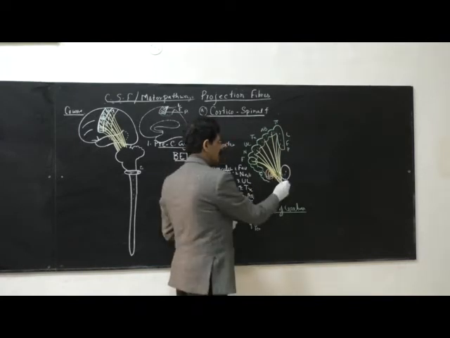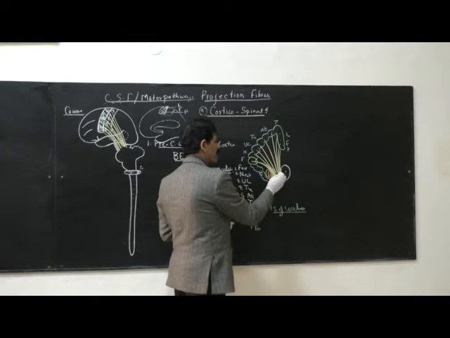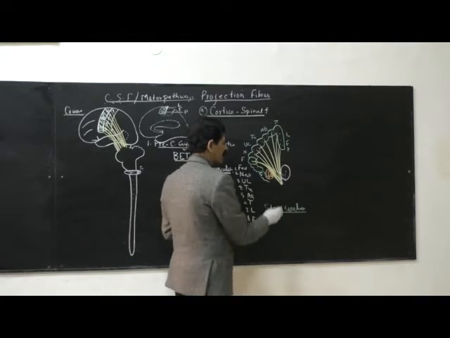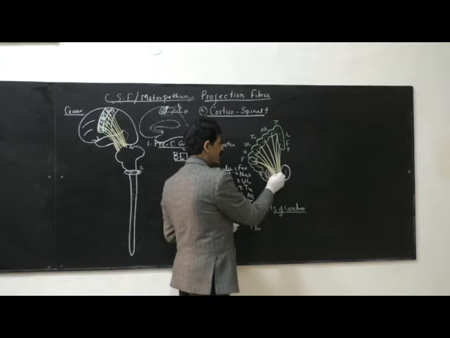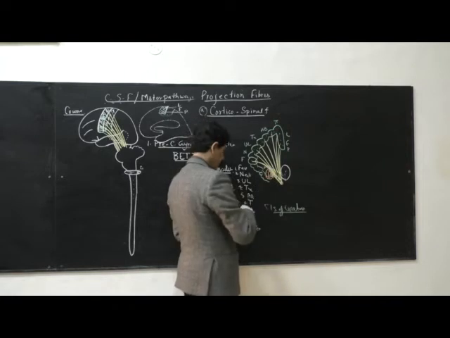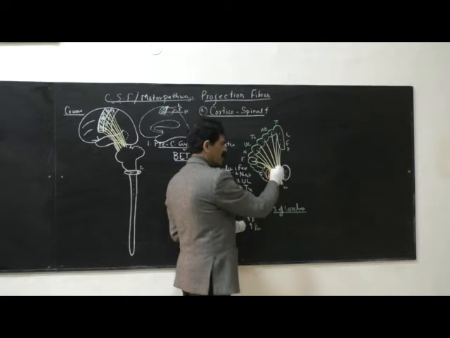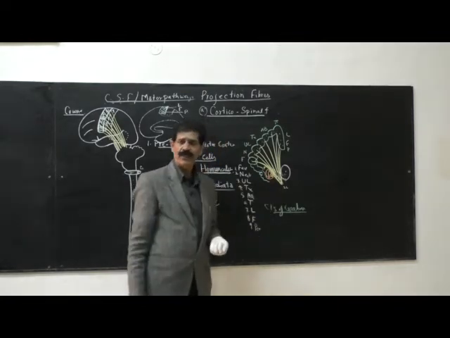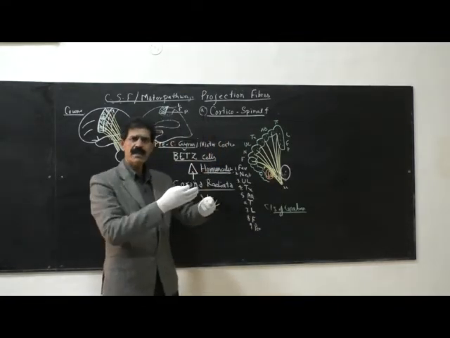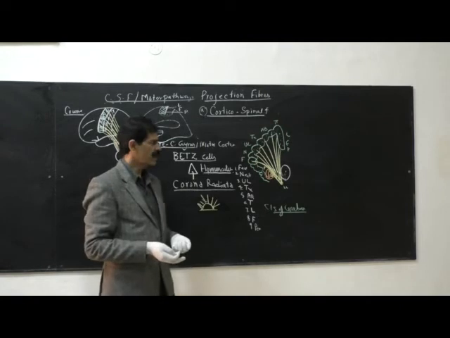They are becoming very narrow and very compact in such a way that the face fibers are lying anteriorly and the fibers of the lower limb lie posterior in position. It is because of the 90-degree angulation.